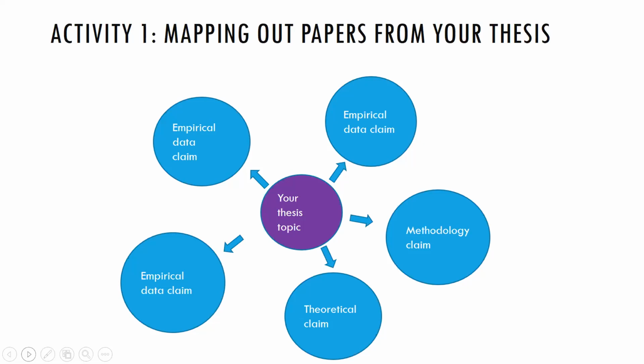You might say, okay, I've done a review of the studies that have been done in the last 30 years on this particular phenomenon. So the literature is also a chapter that you could think about condensing, but again, make sure that it's driven by a particular argument or claim. It's not just descriptive.